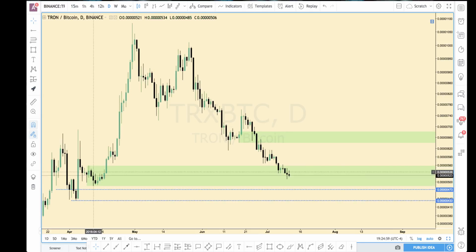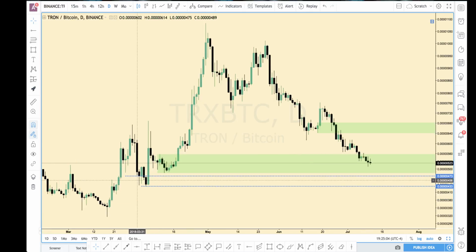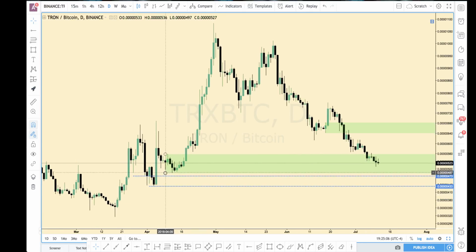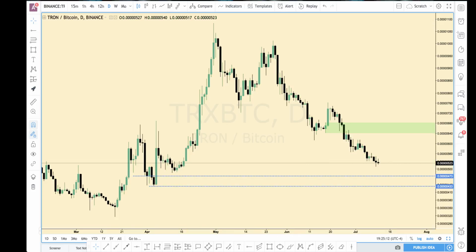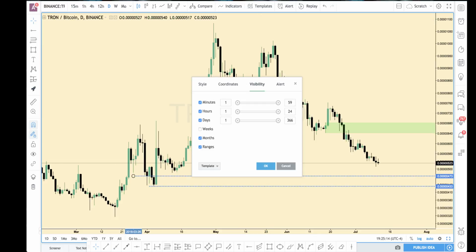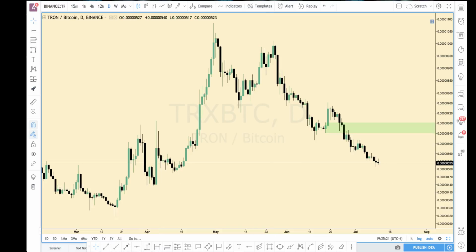Actually, I really like this block now that I'm looking at it. But looking at the daily, I'm going to save these for the weekly time frame, because I actually don't like them on lower time frames, because I'm looking at something that I like a lot more.